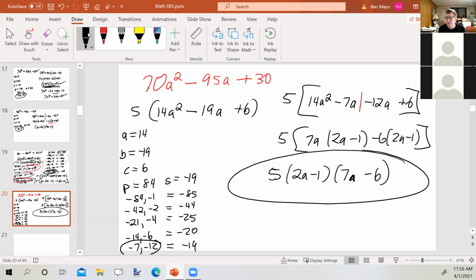And there's the final answer. The most common mistake that students make is they let that common factor we took out at the beginning disappear, and they don't put it in their final answer. You've got to take it all the way along with you.